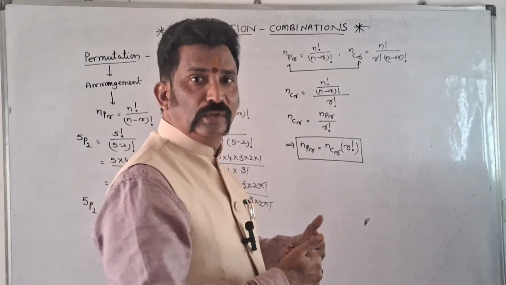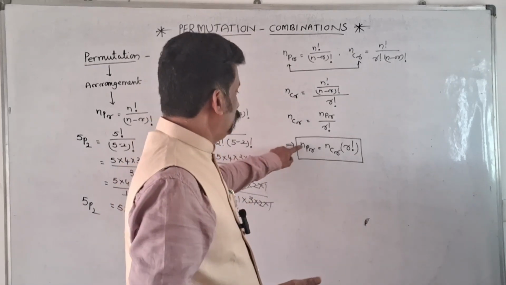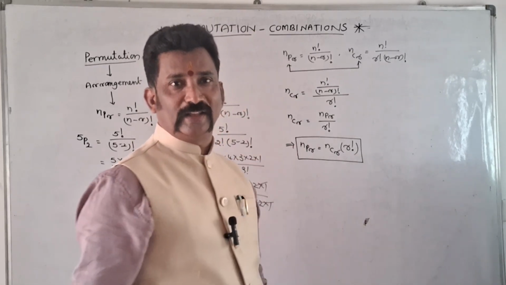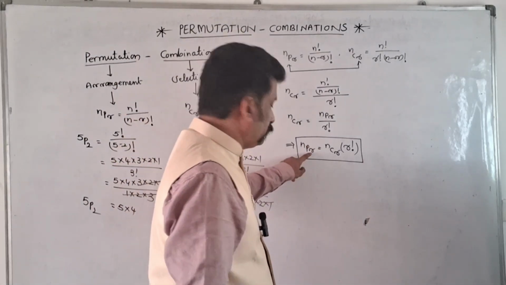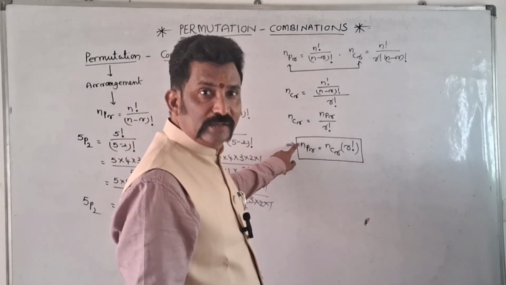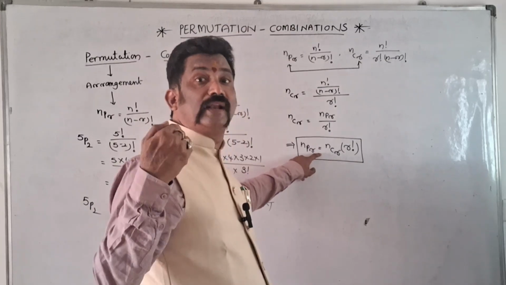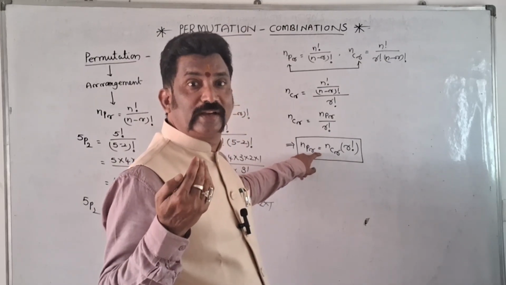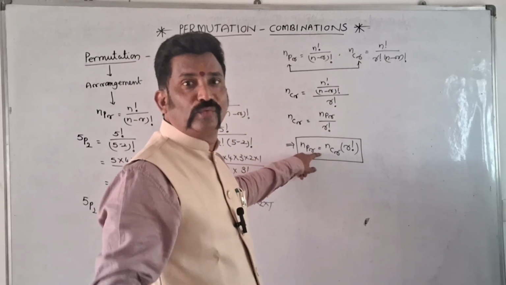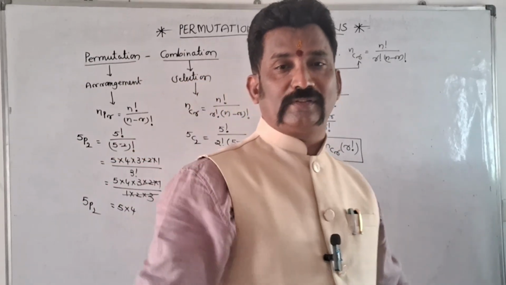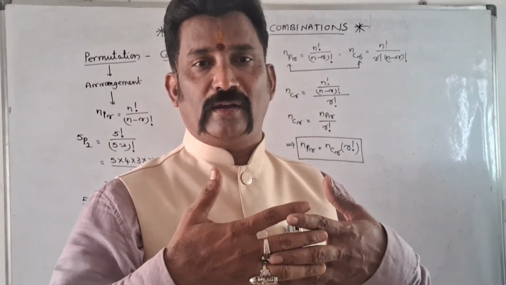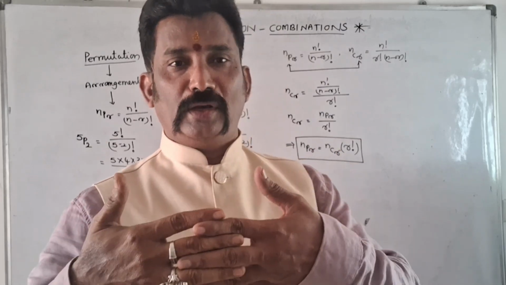That is equal to 20P3, that is arrangement. We have to arrange 3 members out of 20: first select 3 members from 20, and arrange them among themselves in 3 factorial ways. That is the relation between arrangement and combination.